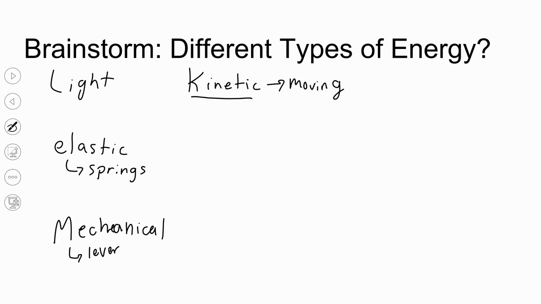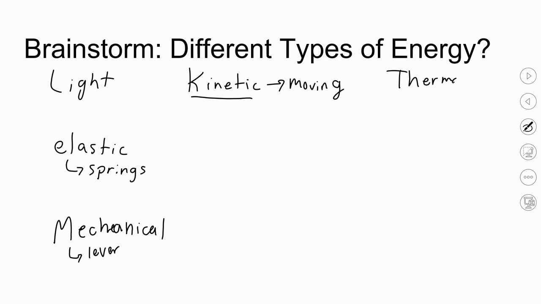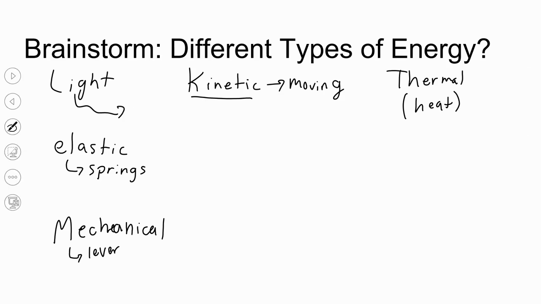Thermal. Good, thermal energy. Or we can also call that heat or lack of heat. Good. Other types of energy that you can think of. Radiation. Okay, good. So this kind of radiation kind of goes with light. And this light and radiation, we call this the electromagnetic spectrum.